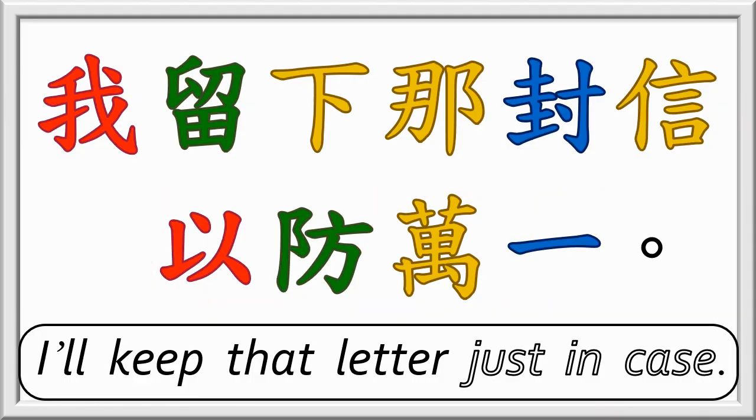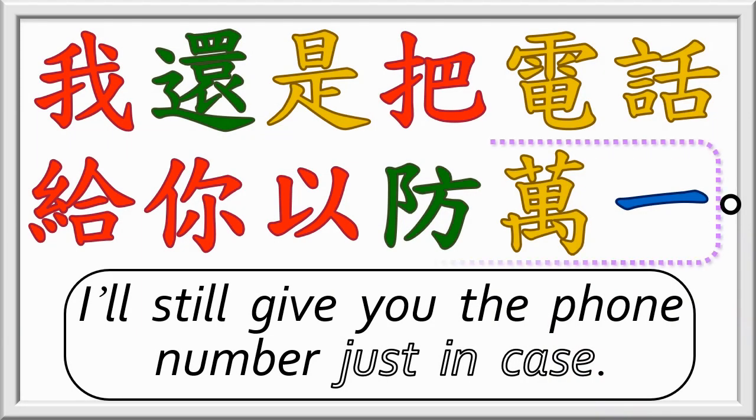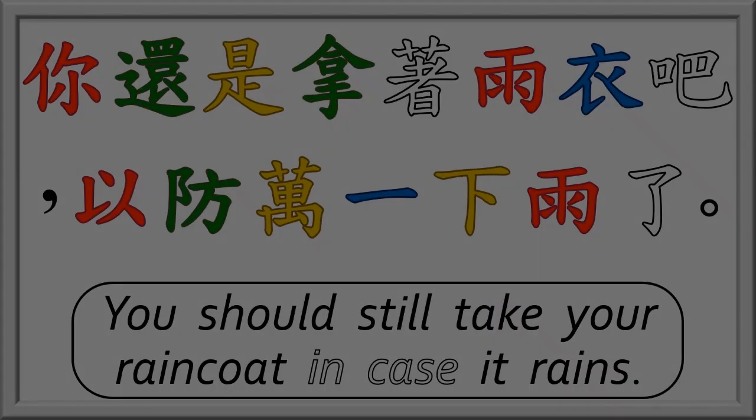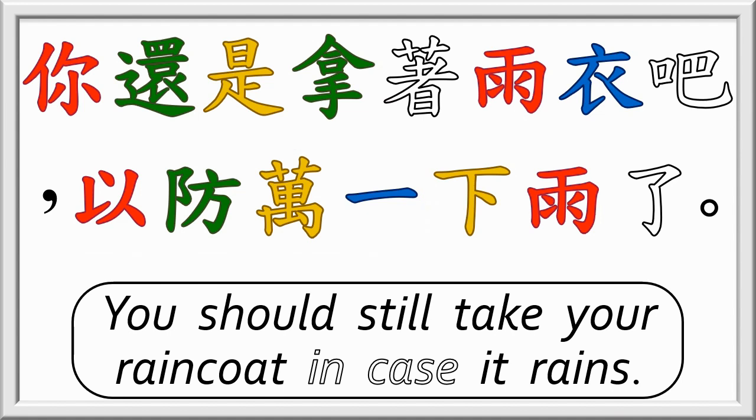我留下那封信，以防万一. I'll keep that letter just in case. 我还是把电话给你，以防万一. I'll still give you the phone number just in case. 你还是拿着雨衣吧，以防万一下雨了.